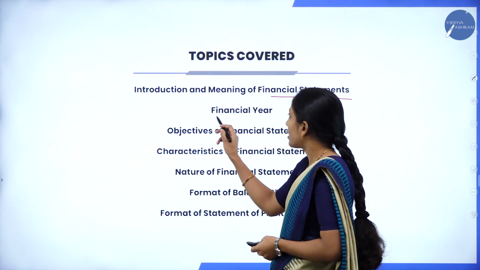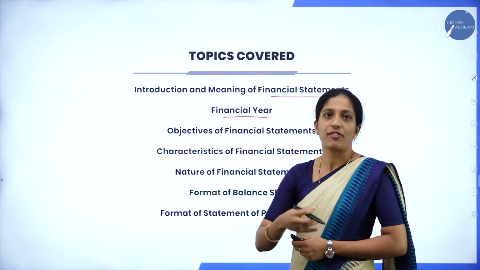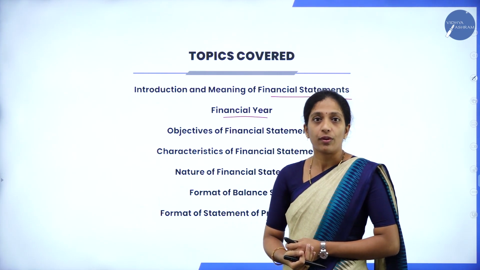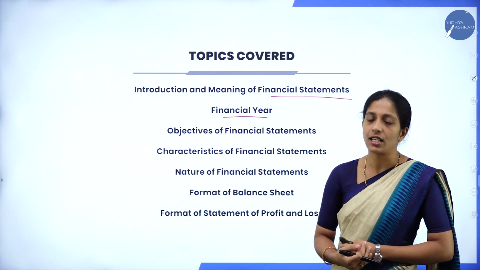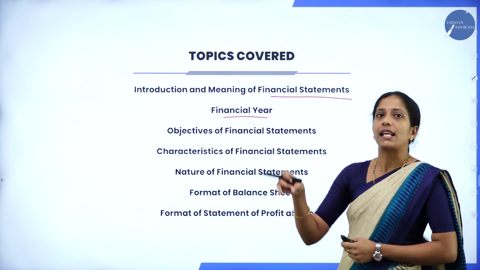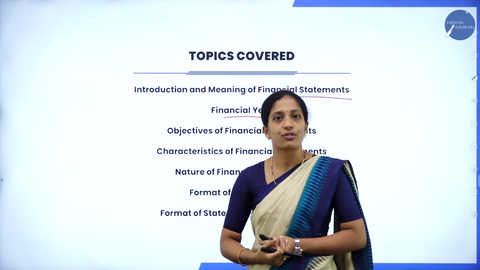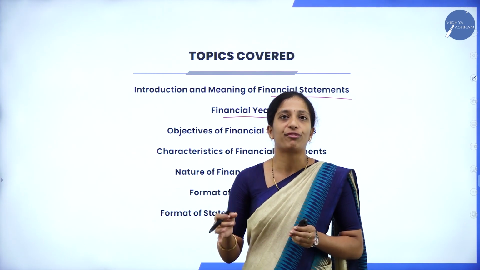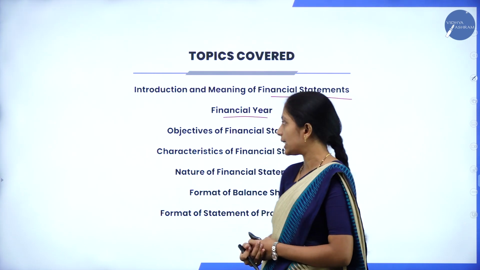And then next we have learned about financial year. So what do you mean by financial year? Normally as per Companies Act 2013, they have to follow the financial year which starts from 1st April to 31st March. So financial year means the duration in which we take out the transactions and prepare the financial statement. So that duration of 1 year is called as what? Financial year.